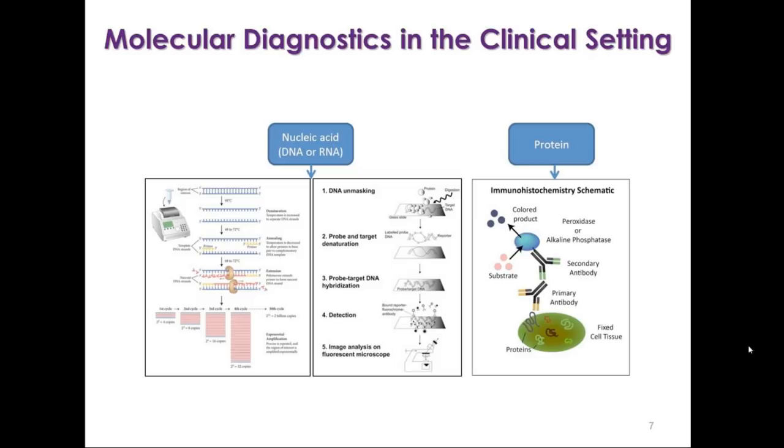Most of these DNA RNA-based tests are either based off some kind of amplification technique like PCR, or we're using some kind of hybridization technique like FISH, where we design probes that will detect the DNA or RNA that's being targeted. Protein-based tests, the most commonly utilized ones are the immuno-based assays, so immunohistochemistry that we do, where we're trying to identify antibodies that are expressed, like the proteins that are expressed.